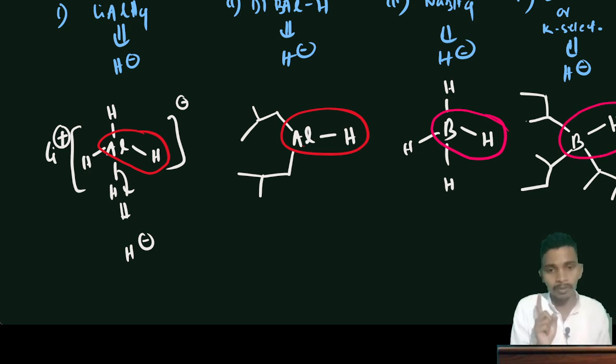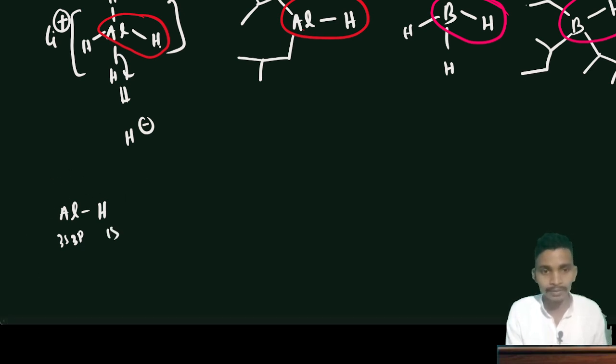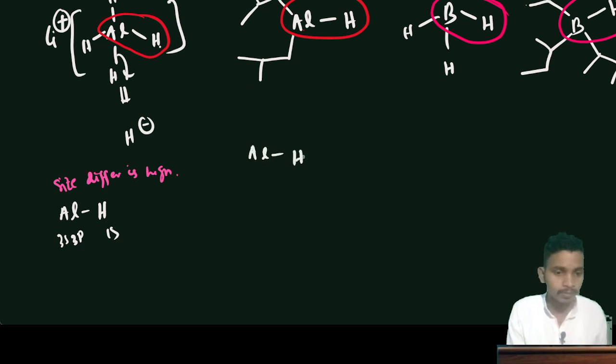So from here what we notice is that for lithium aluminum hydride, we have Al-H bonds, and this is 3s and 3p, and this is 1s. So a size difference will be there. Here the size difference is high. Similarly here also the Al-H bond is there, 3s 3p and 1s. Here also the size difference is there.